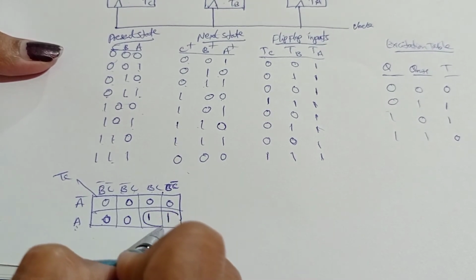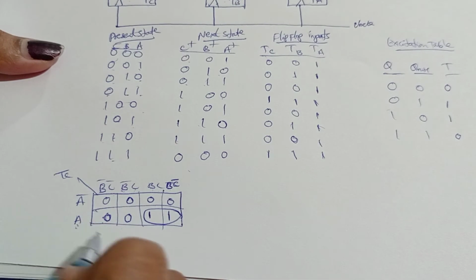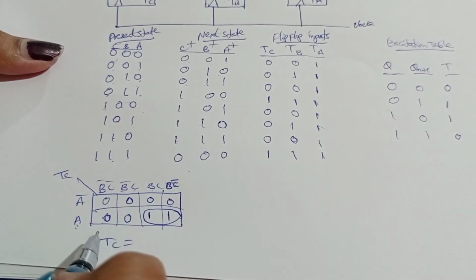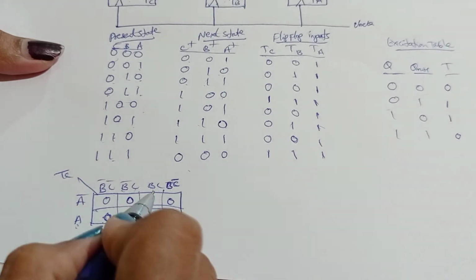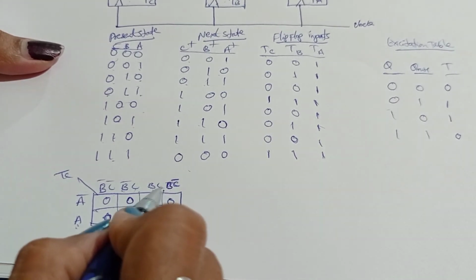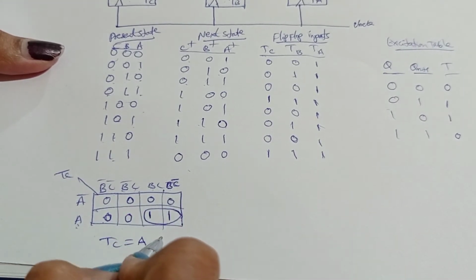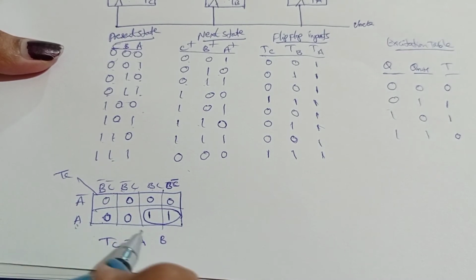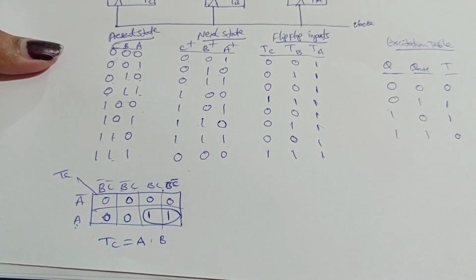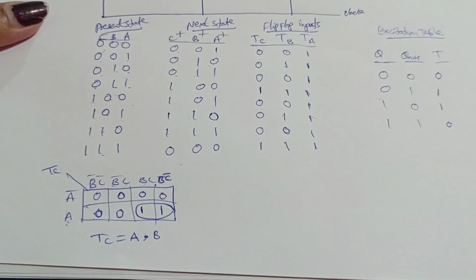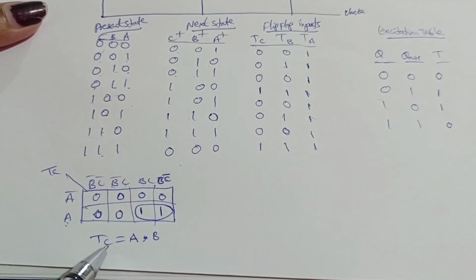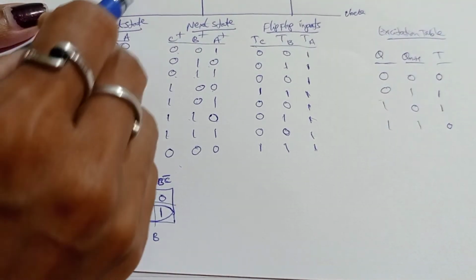Now we'll get TC equal to A and B; A is constant and B is constant, C is changing. This is for the T flip-flop, that is C flip-flop.